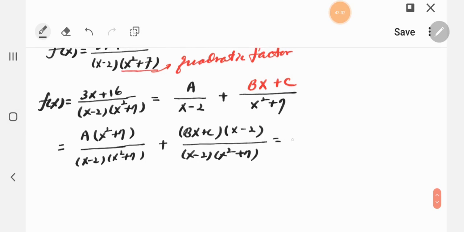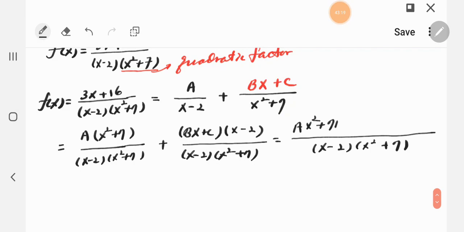Then the denominator is still the same. Before we add the numerators, let's distribute. So a x squared plus 7a, plus, using the FOIL method for the numerator of the second fraction, bx squared minus 2bx plus cx, and then minus 2c.